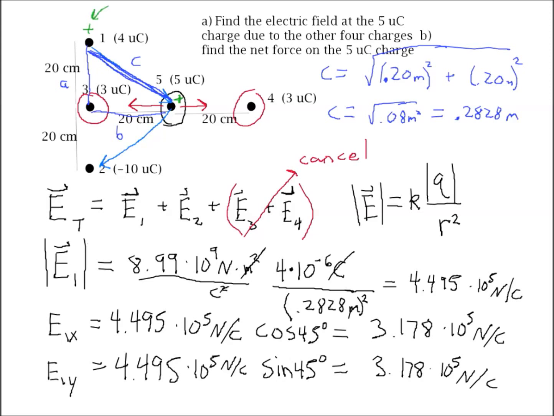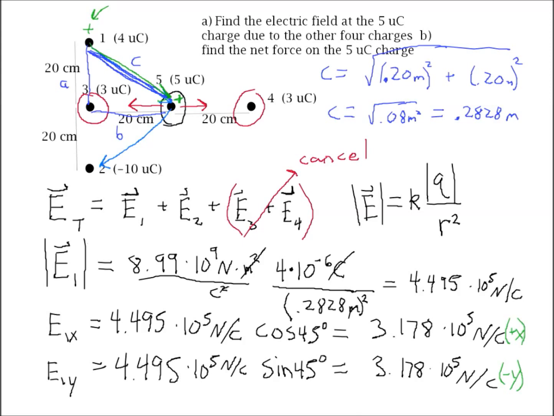Of course, 2 positive charges are going to repel, so the direction of the electric field would be down and to the right. Since it's down, we know that the y component is going to be negative. Since it's to the right, we know that the x component is going to be positive.